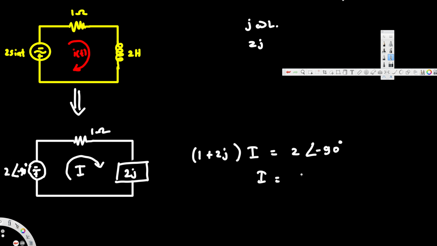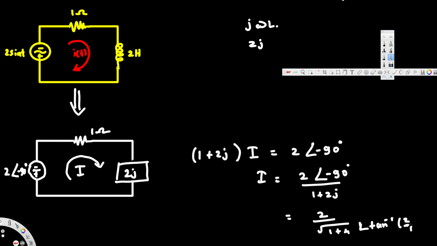So current is going to be 2 at negative 90 degrees over 1 plus 2j, and if you solve this, the bottom is going to become square root of 1 plus 4, at tan inverse 2 over 1, okay?